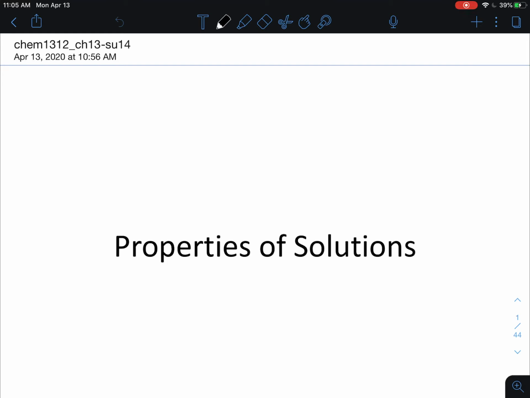We'll look into some other units we can use for reporting concentration, and I'll show you how to do some of those calculations. Then in the next section after this, we'll start to talk about some of the properties of solutions that we're interested in studying, like vapor pressure, boiling point elevation, all that sort of stuff.